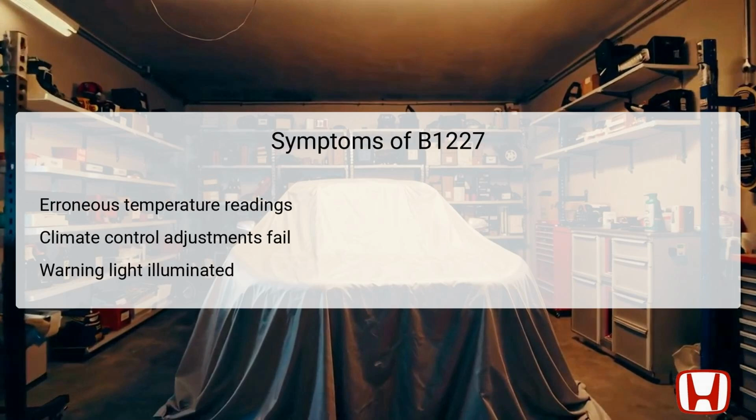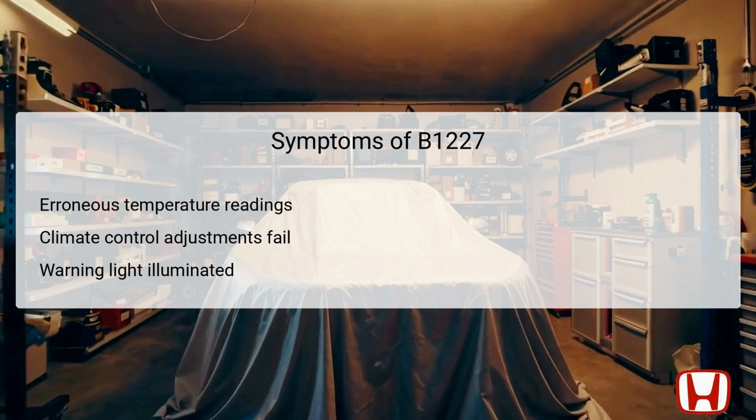Identifying the precise cause during the diagnostic process is vital for effective repair, ensuring that all associated components are thoroughly examined. When the DTC B1227 is triggered, several symptoms may become apparent. One notable symptom includes erroneous temperature readings. The climate control system may not adequately represent the outside temperature, leading to inefficient heating or cooling. This miscalibration can directly affect passenger comfort, as the system may not respond correctly to climate demands.